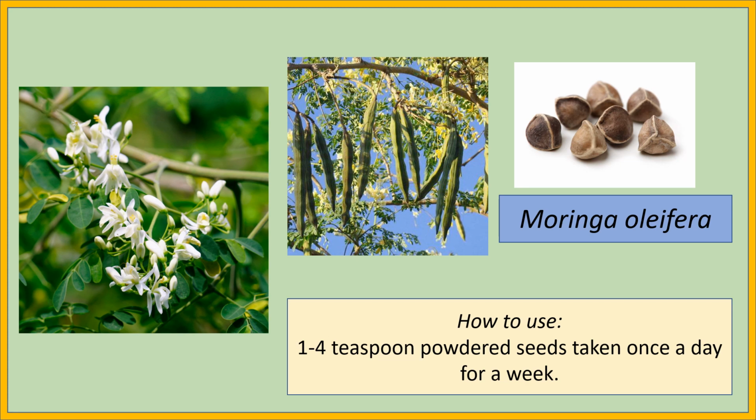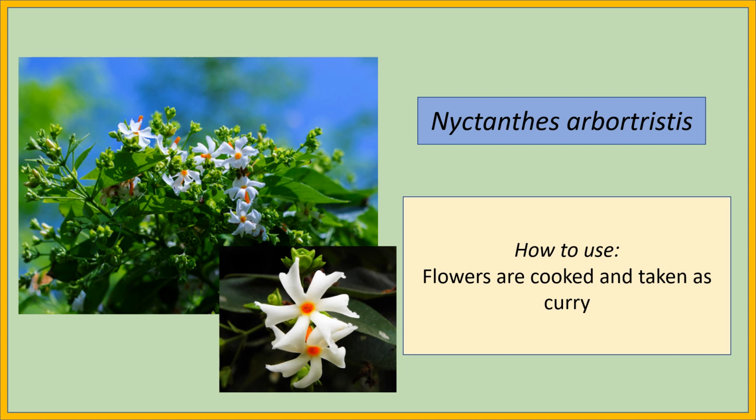A good way to get rid of it. Again, this is Nyctanthes arbor-tristis. The flowers are edible and can be cooked, eaten, or taken fresh. So it's a good way to get rid of helminths.